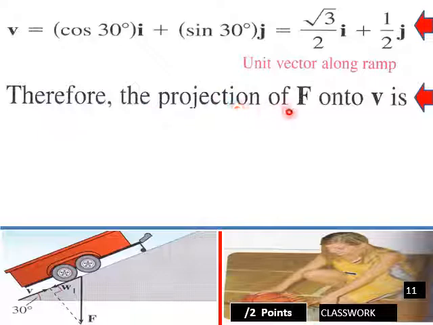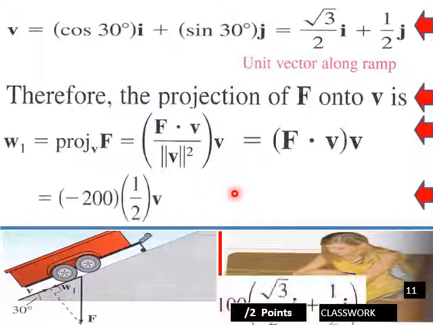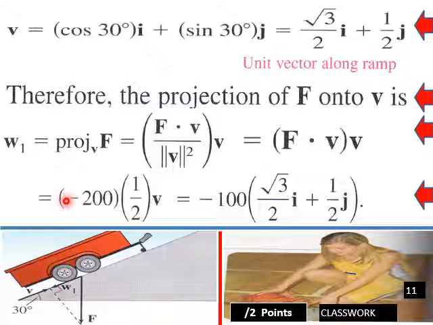Therefore, the projection of F onto V would be F times V over the magnitude of V squared, times V, and this would come out to F times V multiplied by V, because the magnitude squared cancels out. So we plug in now.